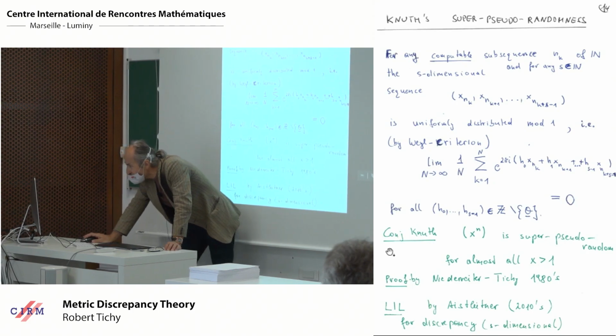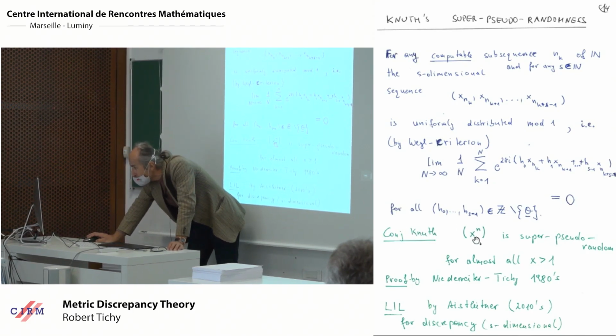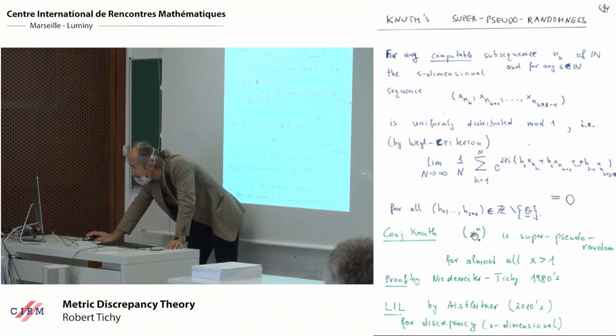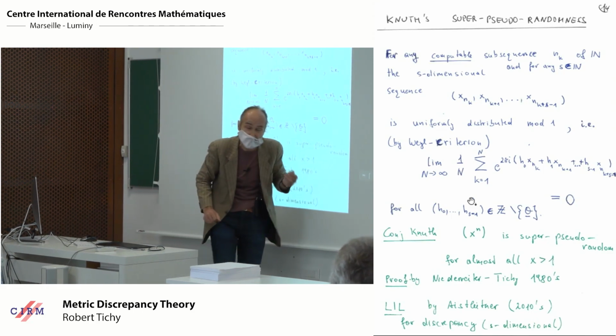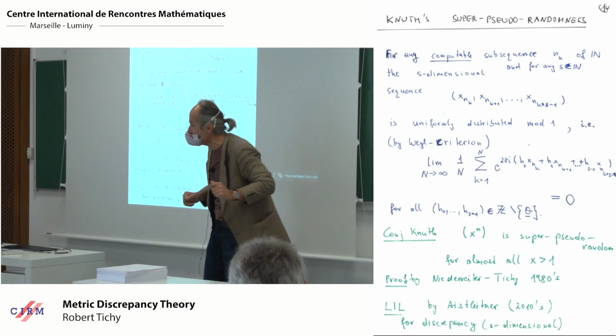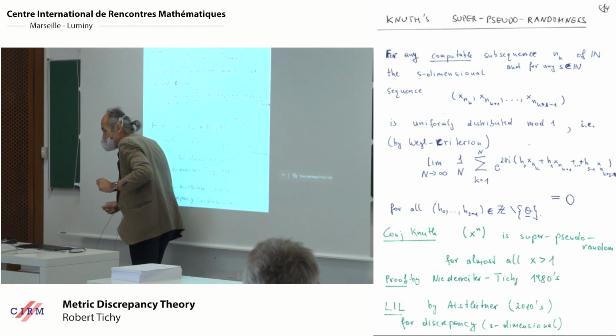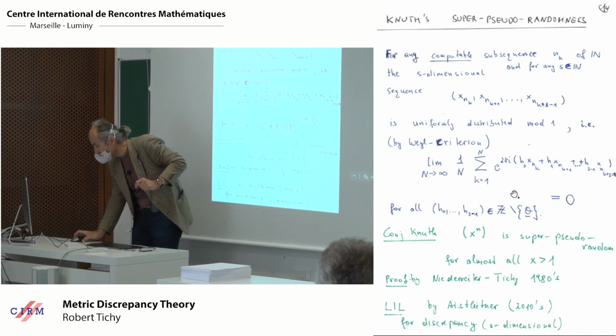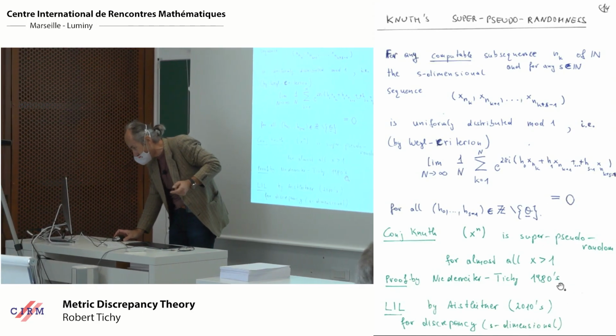The conjecture of Donald Knuth was that the sequence x^n is super pseudo-random for almost all x bigger than 1. This was open for several years, and in my first joint work with Harald Niederreiter, we could establish that conjecture and give a proof.